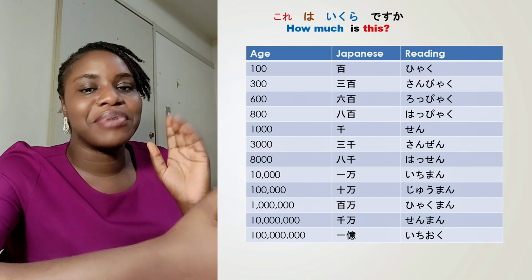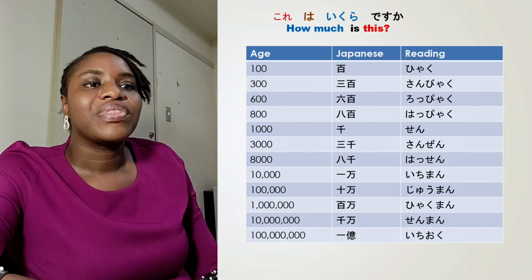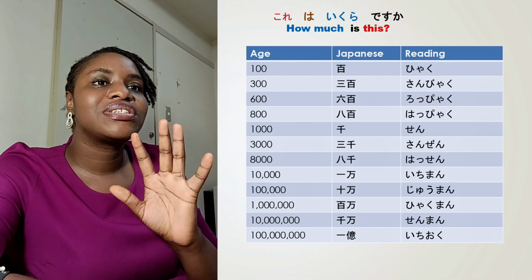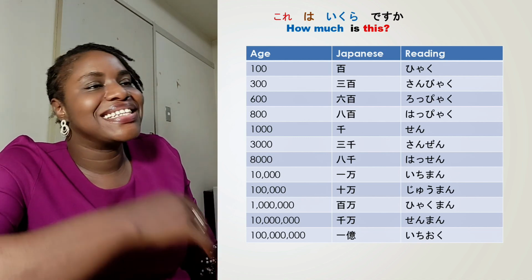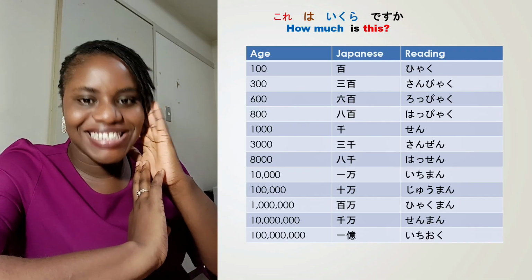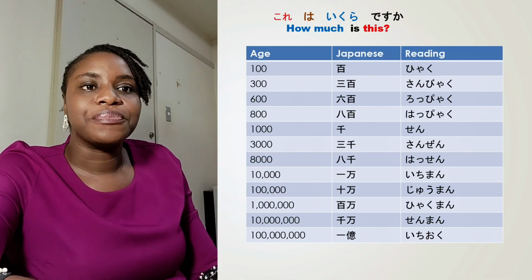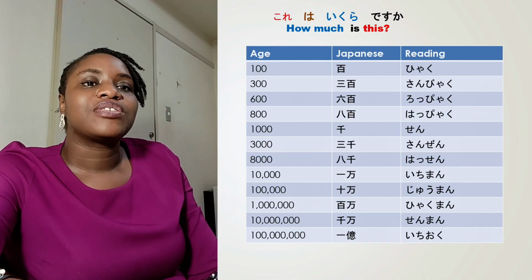It's the same thing with age, and also with prices. However, there are some pronunciation differences that have no rule to them. You just need to memorize them.